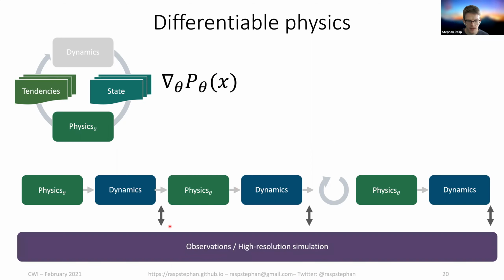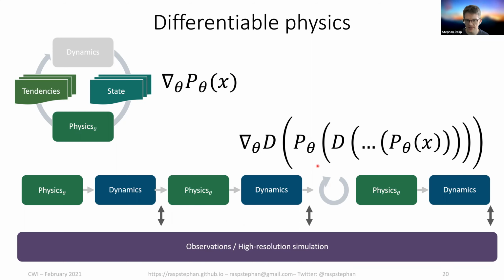Let's compare the state after every time step, or maybe after a few time steps. Compare this to, well, you could use a high resolution simulation, but you could also use observations. And essentially, let's learn through this entire chain of physics dynamics interactions. And this requires us to differentiate backwards through time through this entire chain of physics dynamics.